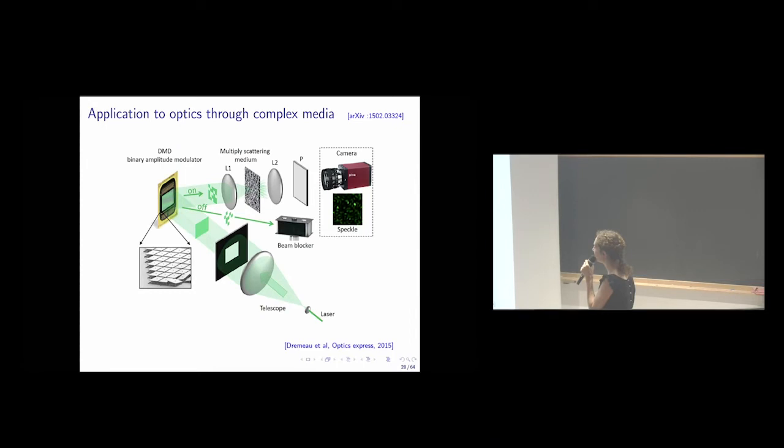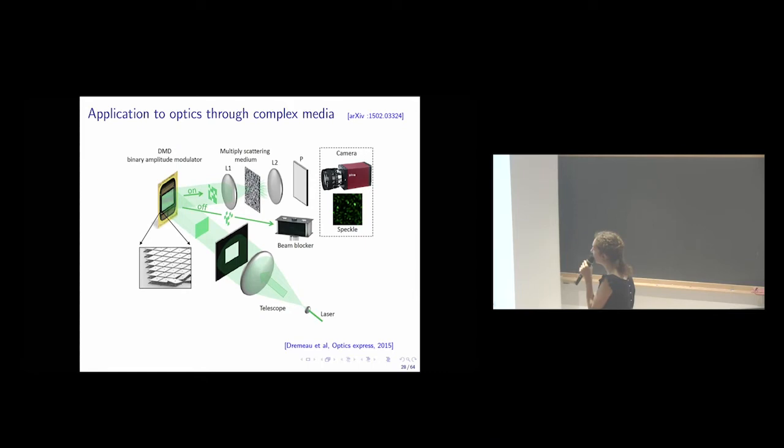So you have a monochromatic laser here. Here you have a telescope which is going to turn your laser into a homogeneous beam. And this beam is then reflected onto a DMD, a binary amplitude SLM, in which you have only 2 positions for the mirror, so 1 or 0, on or off.